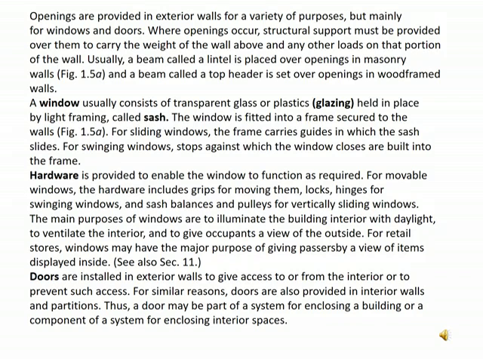Thus the door may be part of the system for enclosing the building, or a component of the system for enclosing interior space. So the whole building can be enclosed by doors, and interior spaces can also be enclosed by doors. Those are the definitions and purposes of doors and windows, their construction, and the hardware required.